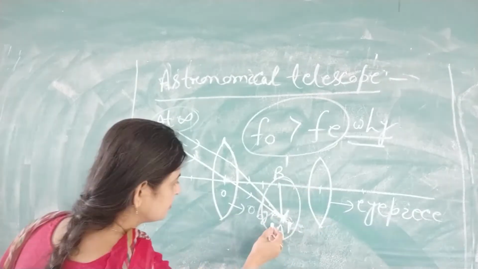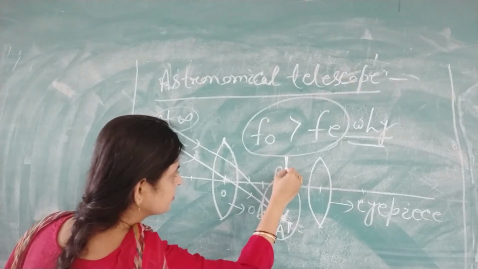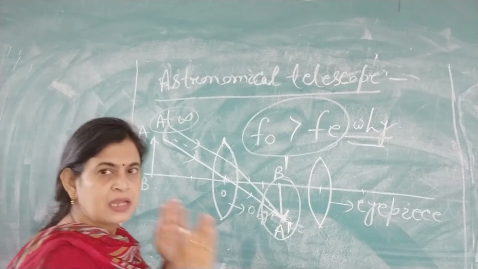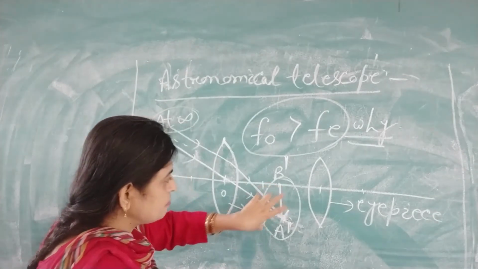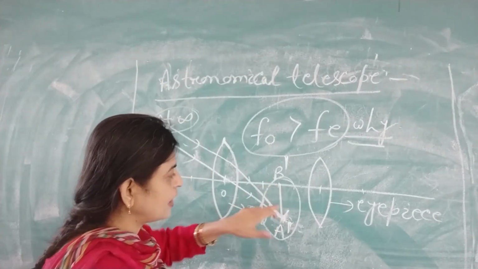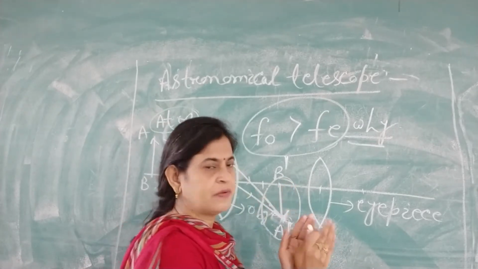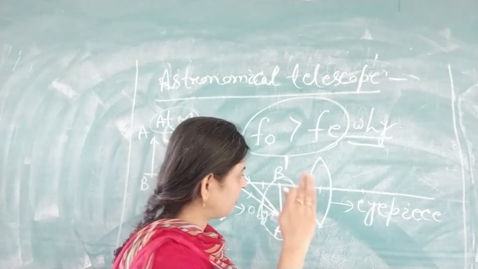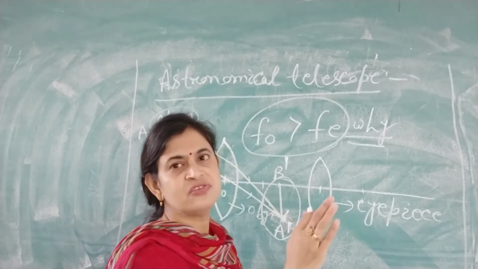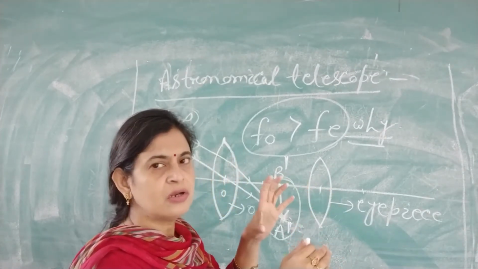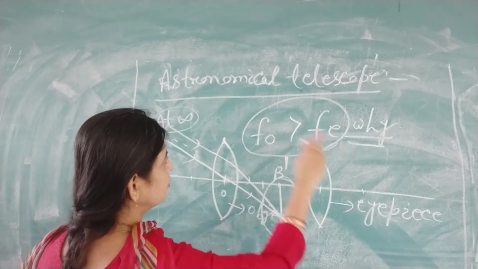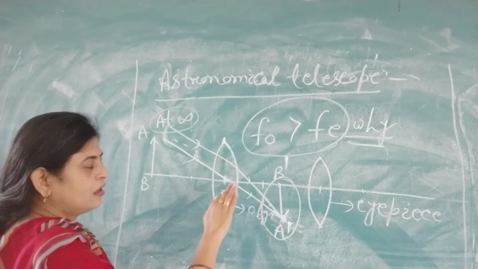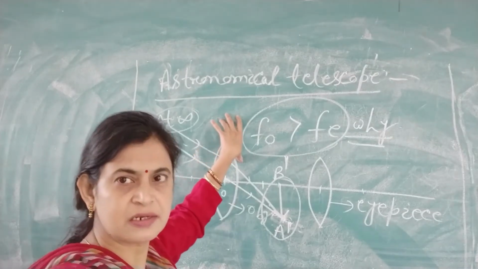Clear? So, A dash B dash is the image formed by the objective. Now, A dash B dash will act as an object for the eyepiece, so that you can finally find the position of the final image for the whole telescope. Clear? This is the principle of the astronomical telescope.